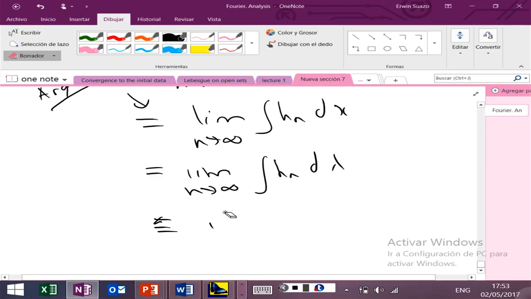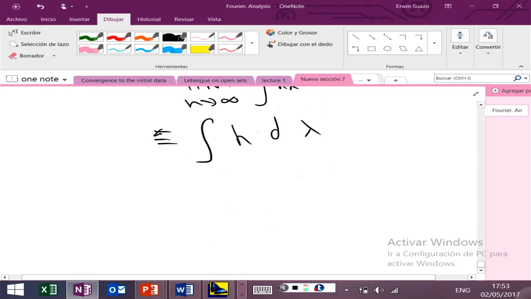Okay, so this is the integral of h d lambda.